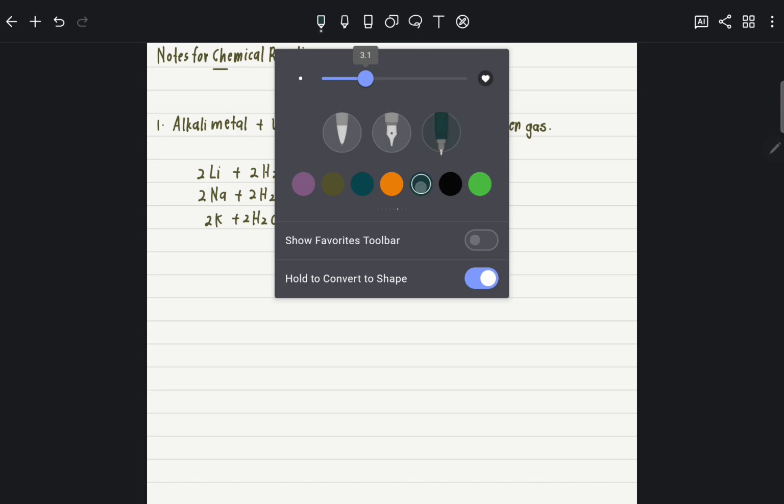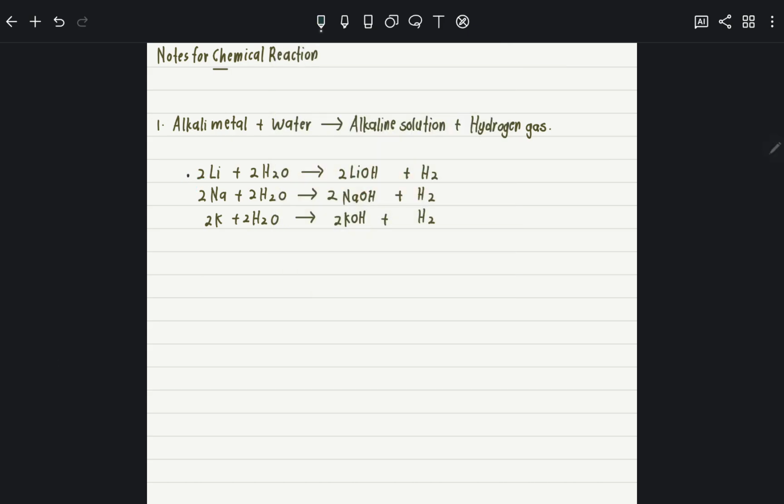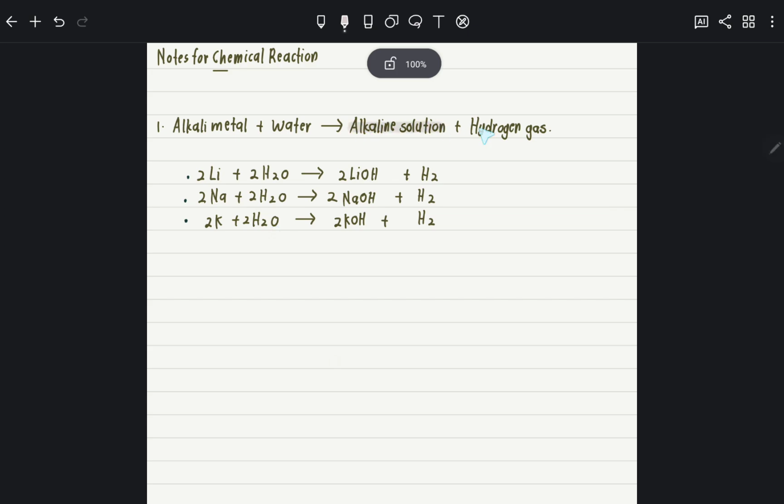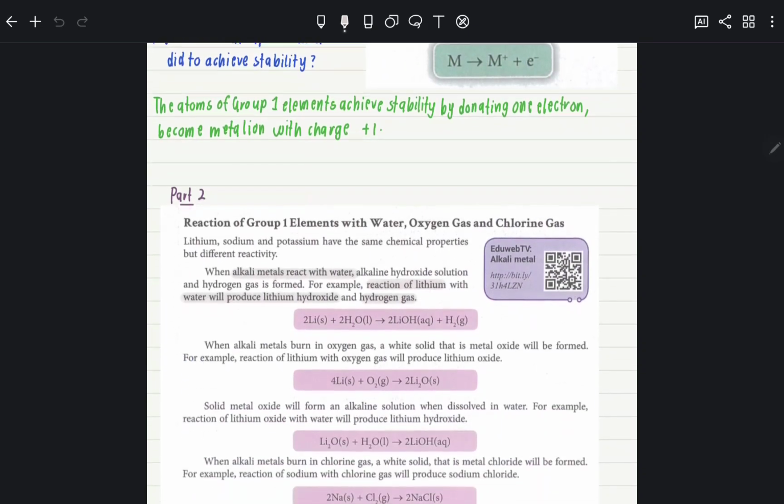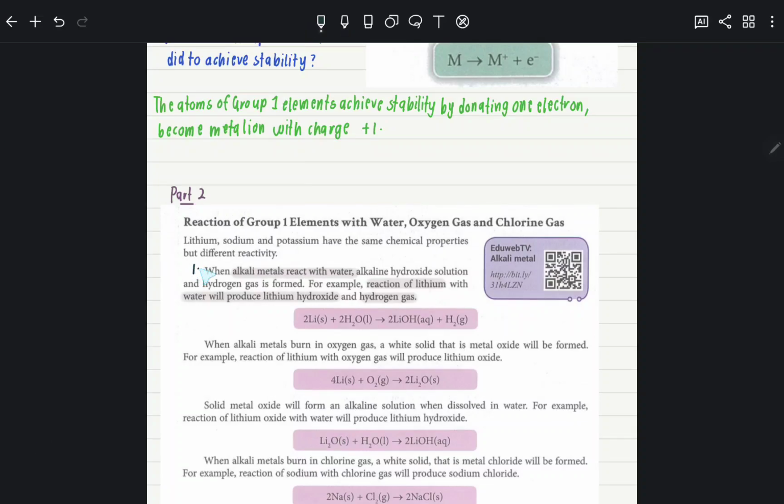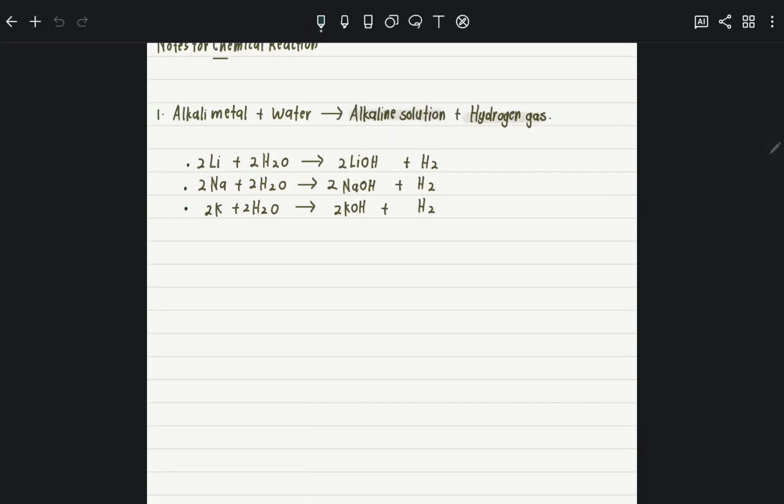So this is the chemical equation when your alkali metals, which are lithium, sodium and potassium, react with water. Remember, if they say it's an alkali metal, it will produce alkaline solution and also hydrogen gas. That's very important. This is what this first part is talking about. I have given a detailed explanation below.